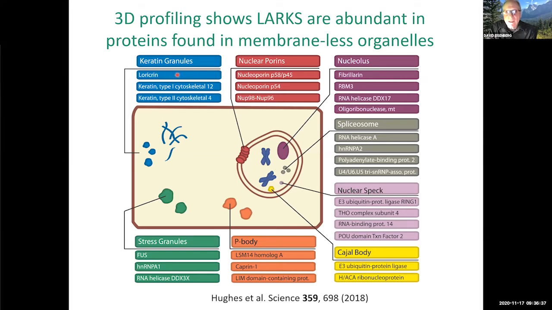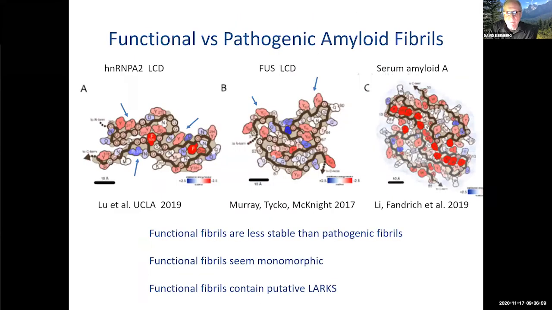Those are the proteins which are known to form so-called membraneless organelles of liquid-liquid phase separation, and they all contain these LARCs, which we believe is probably the interaction which forms the fibers which contribute to the liquid phase separation.